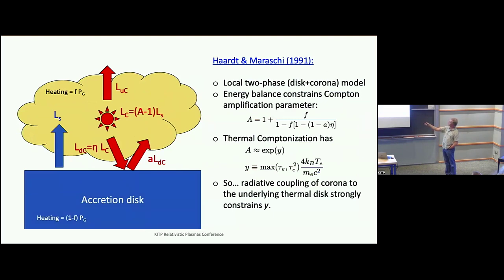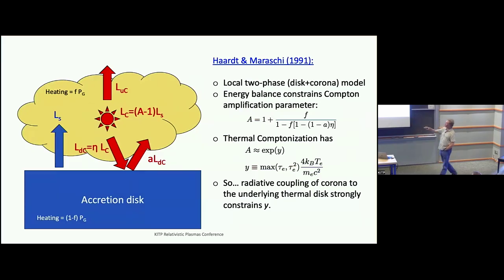That gets Comptonized in the corona, and we introduce a Compton amplification parameter A. And then we have hard emission, hard X-rays, some of which will leave the system, some of which will shine back down onto the disk. We take some fraction eta of the Comptonized emission that shines back down onto the disk. Some of that will be reflected off the disk, some of it absorbed in the disk.